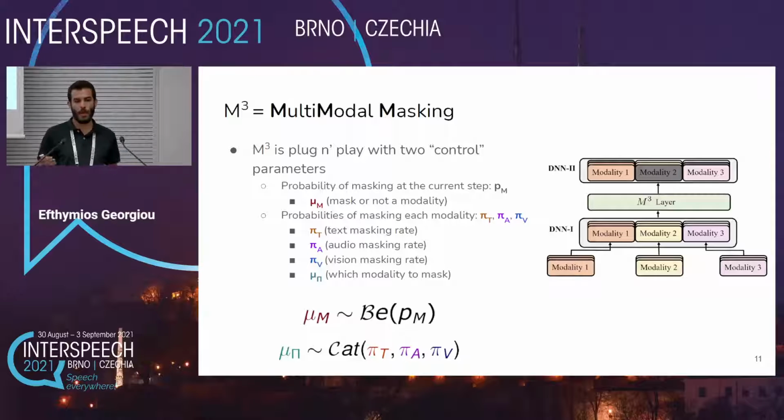We have also introduced an additional set of hyperparameters which offers more fine-grained control over which of the involved modalities are going to be masked. In our experiments, since we have three modalities, text, audio, and vision, we have introduced three hyperparameters: the text masking rate, the audio masking rate, and the vision masking rate. These three probabilities have to sum to 1.